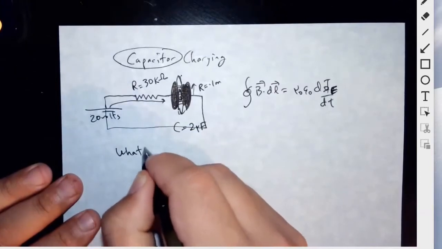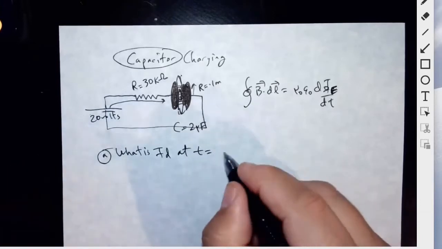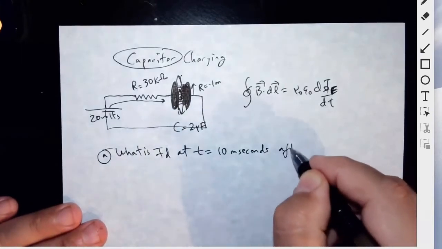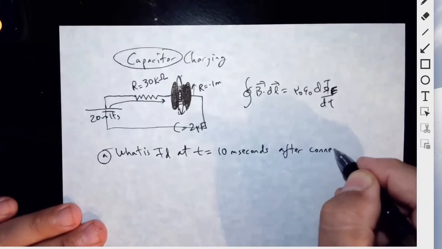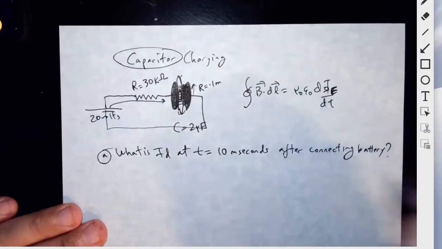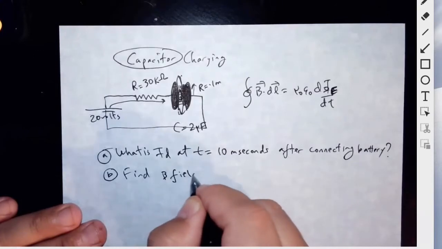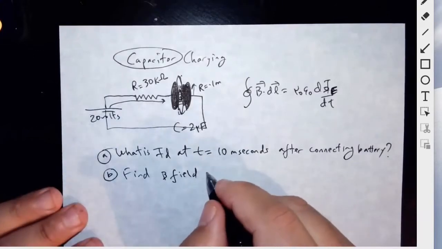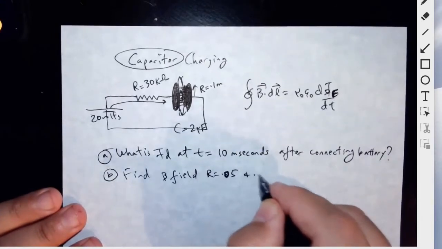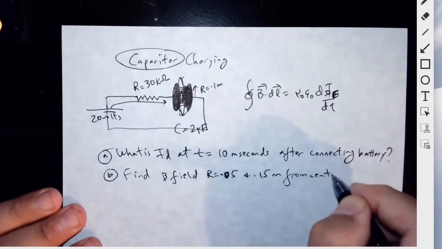What is the displacement current at t equals 10 milliseconds after connecting the battery? And then B, find the B field at r equal to 0.05 and 0.15 meters from the center of the capacitor.